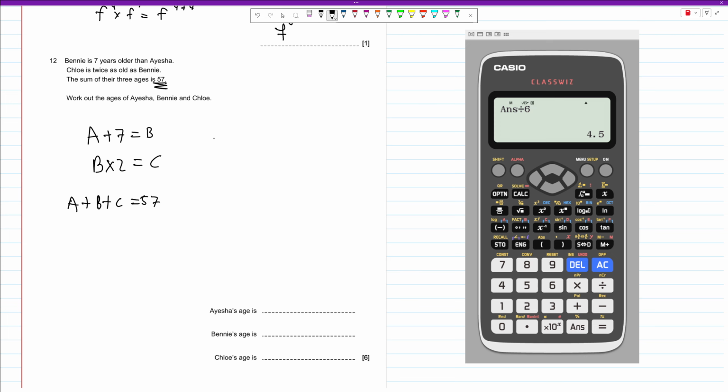Nice and simple then. I've also realised I've made a mistake. This should be B is equal to 2 times Chloe's age. No, we got it right the first time. B is 2 times C. Okay, brilliant. We're going to write all of this in terms of C.